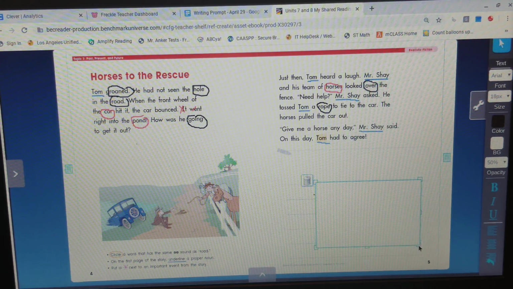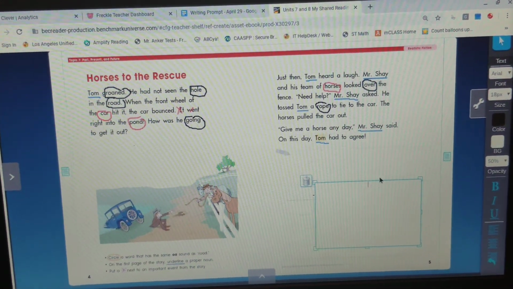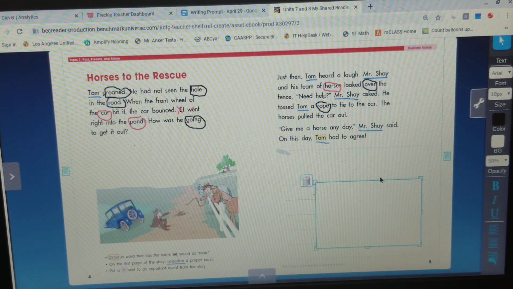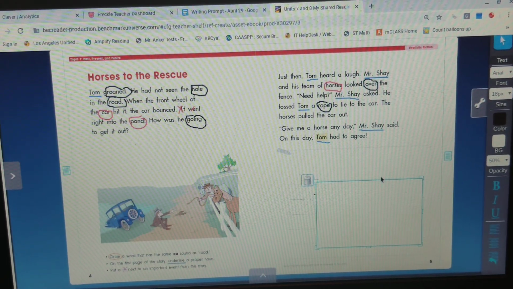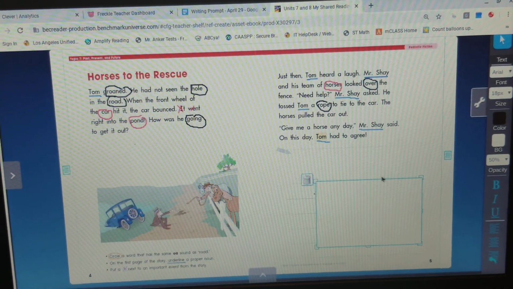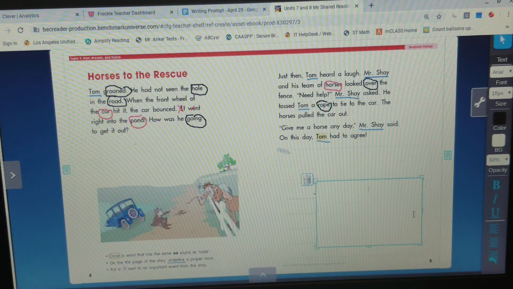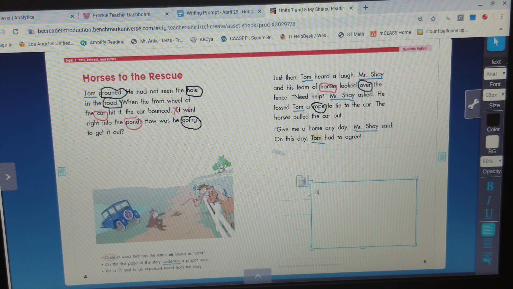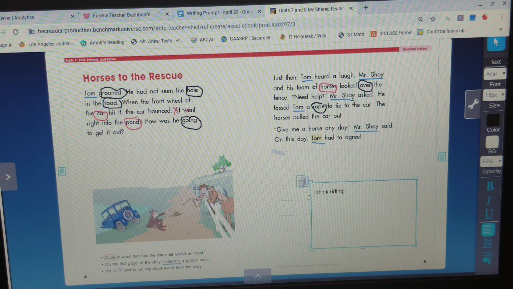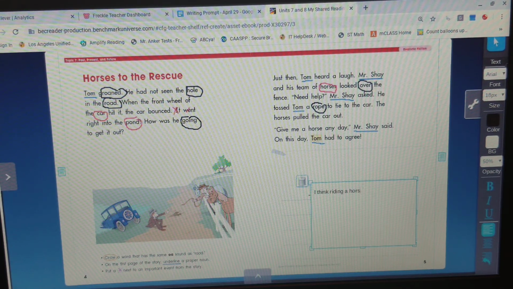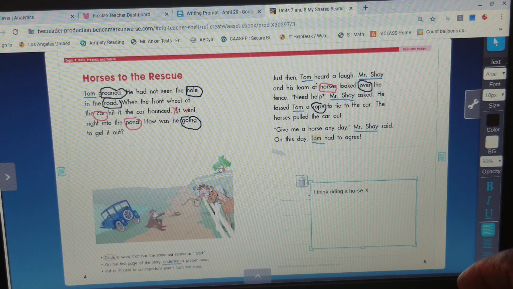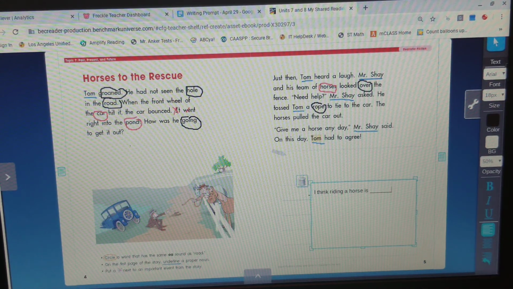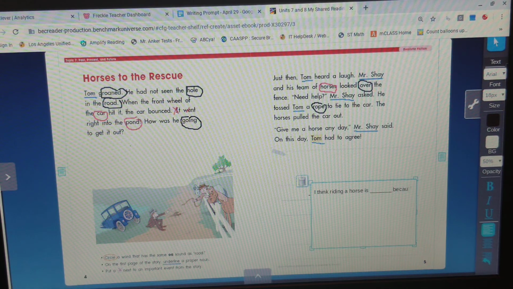All right. This time, you're going to think about riding a horse. What you're writing about is, I think riding a horse is blank because blank.